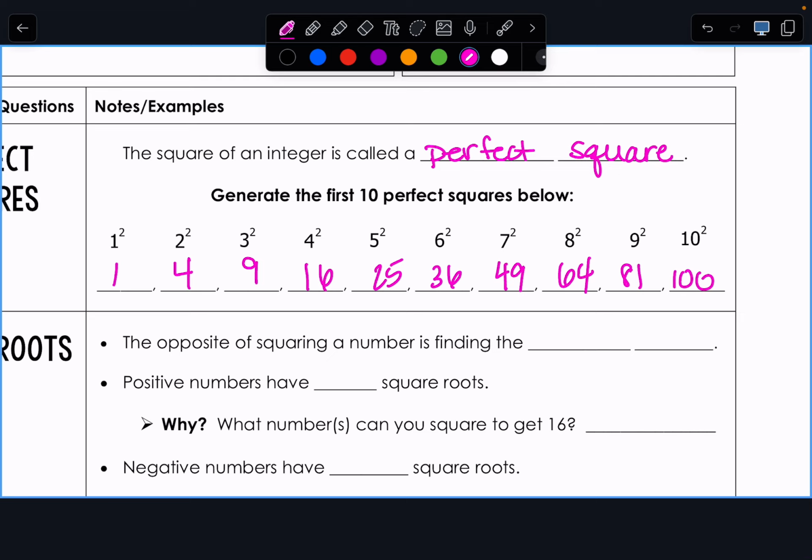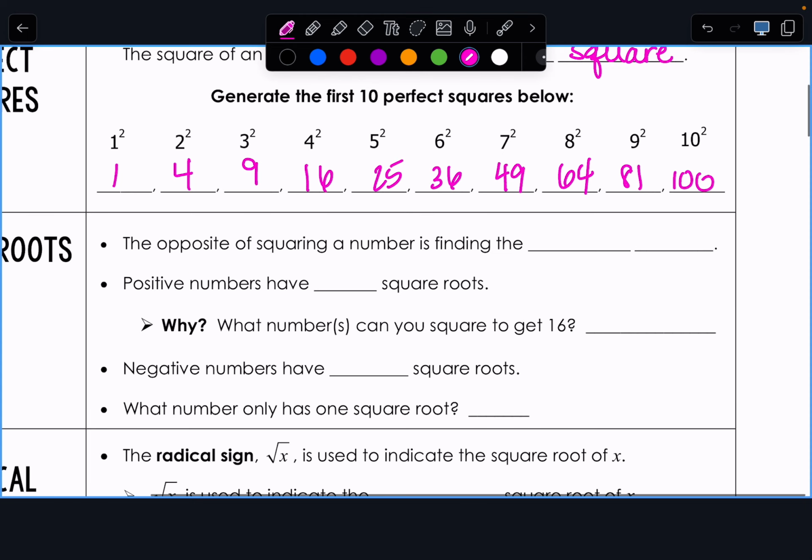Okay, so the inverse of squaring a number is what we call the square root. Do you know what symbol the square root looks like? It sort of looks like the divide sign, but not quite. Yep, so that's a square root.